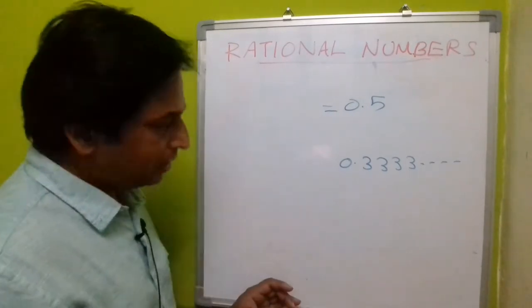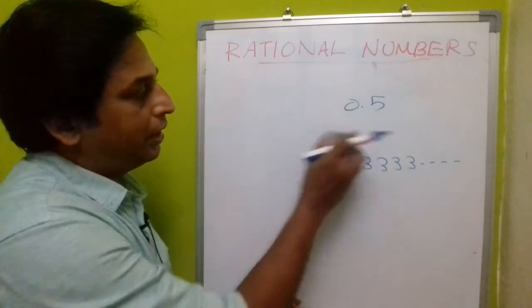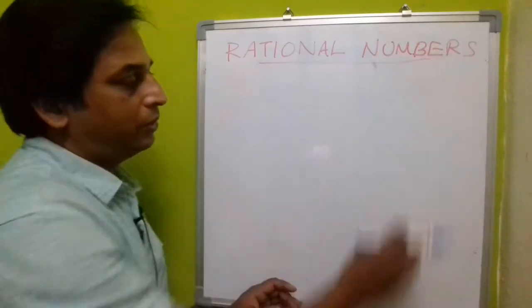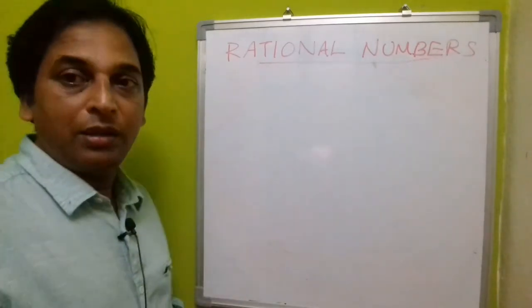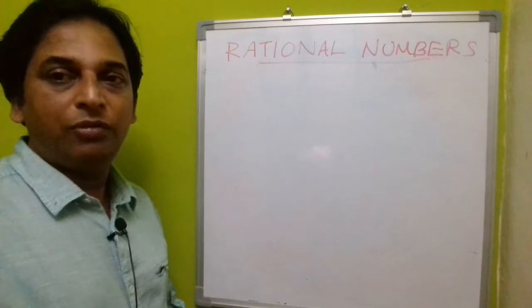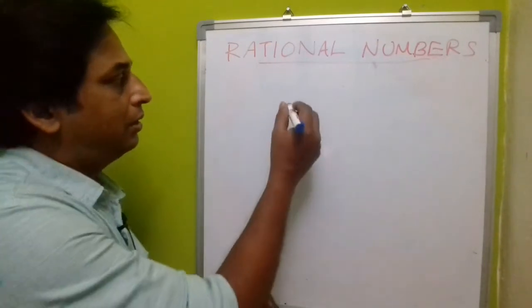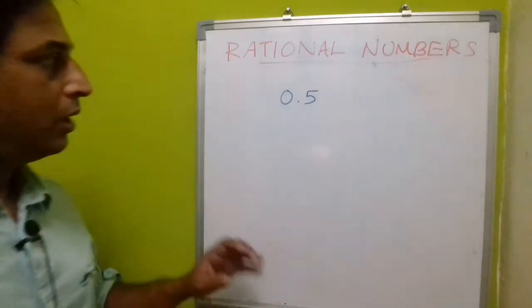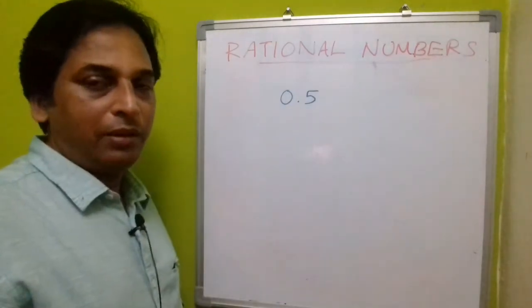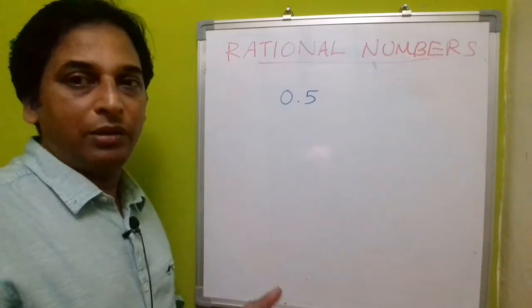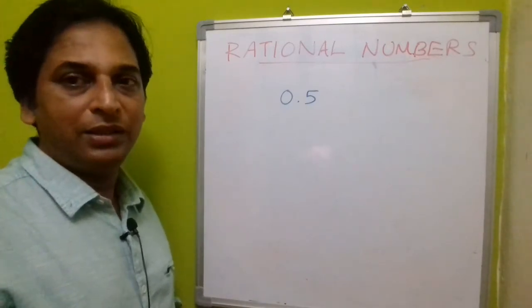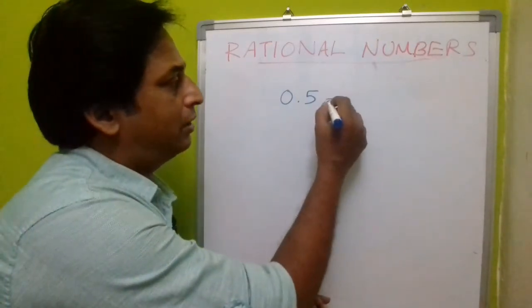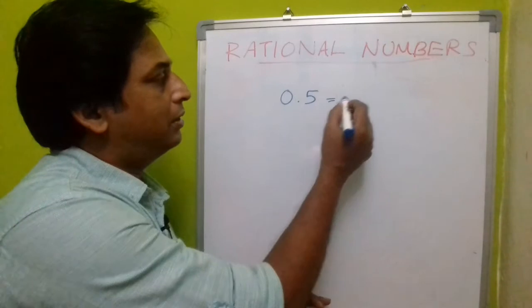Writing a decimal number into the form of p by q. Let us take the first example, 0.5. How can we convert this into p by q format, or into a fraction in its simplest form?